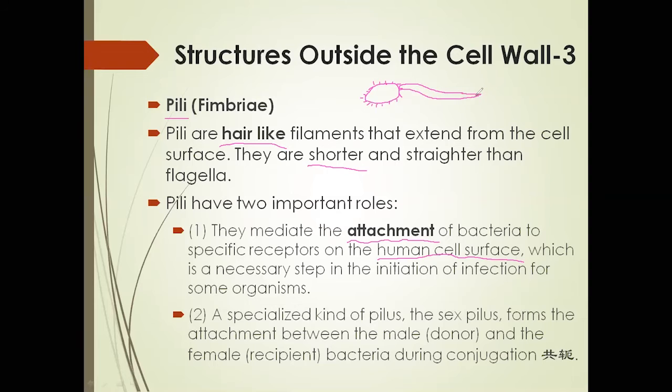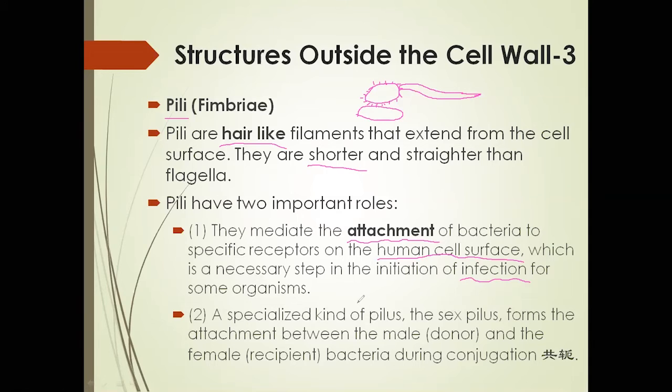But the shorter one is mainly for touching. That means the bacteria need to touch the human body cells first, and then they get infections. That's the first step of infection.